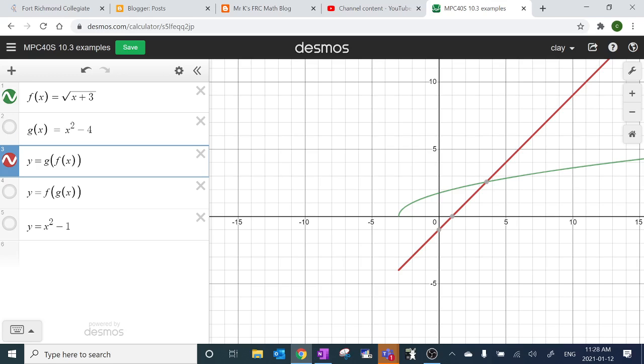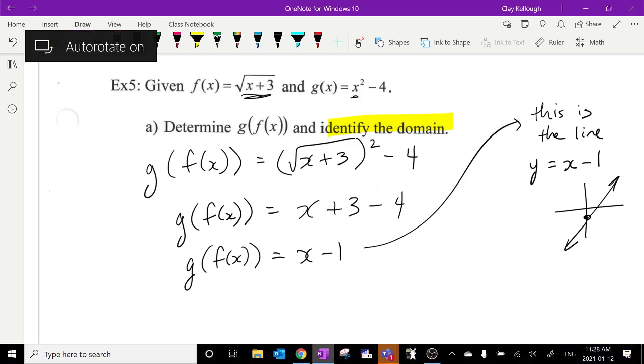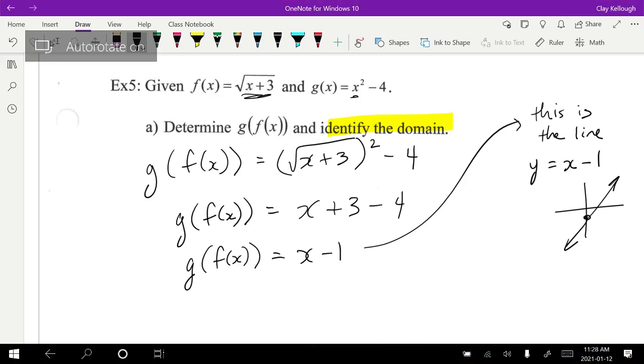And this is actually a rule that we should get into our notes. Identify the domain. The domain here actually is that x has to be greater than or equal to -3. Why?